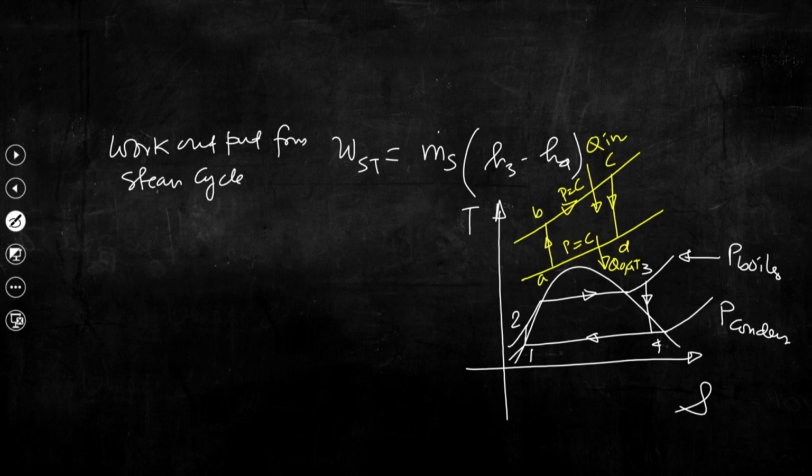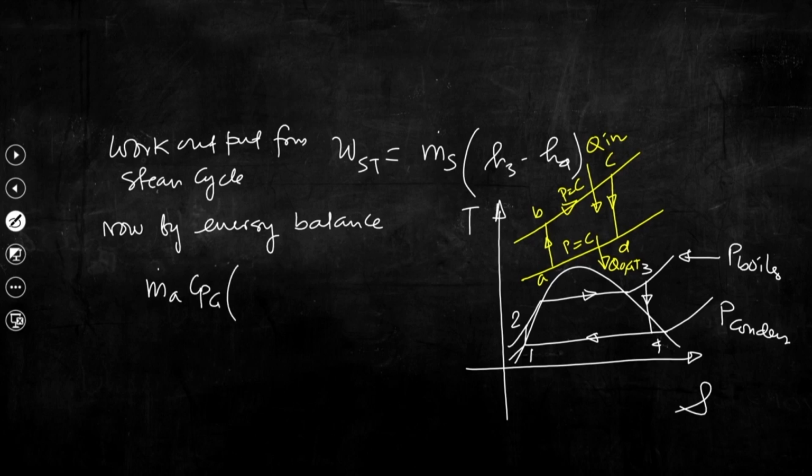Now, you can see that the amount of energy released by the gas will be taken by the water, and it will be converted into steam. Okay. So, if we now do the energy balance, what can we write? The amount of energy that we need to supply to run the gas turbine unit, this is Tc.